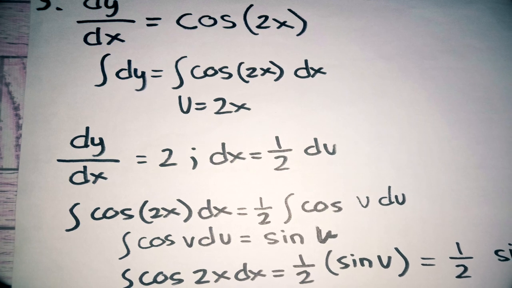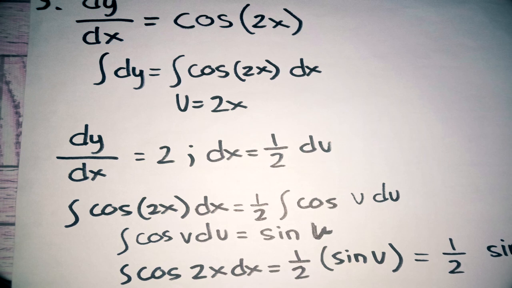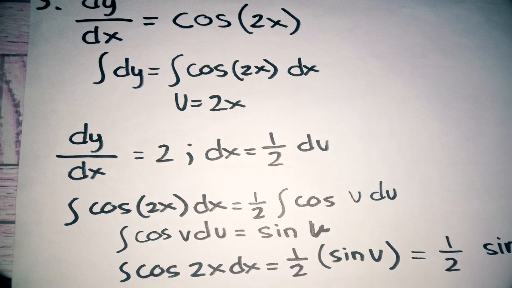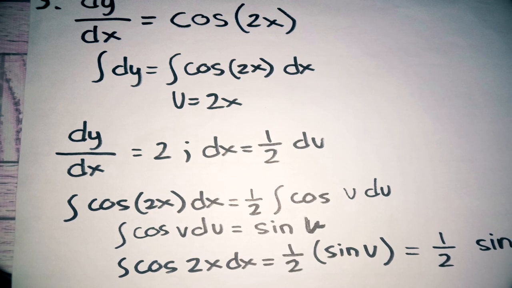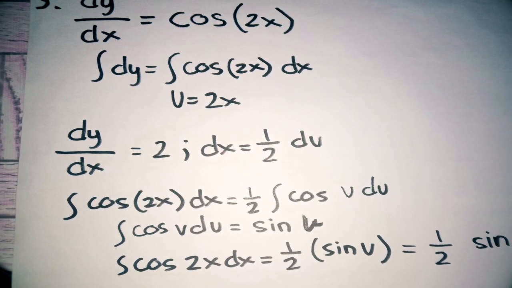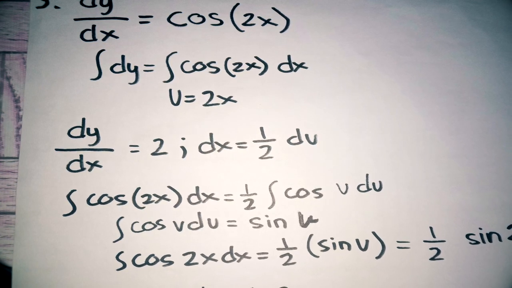The integral of cosine 2x dx is equal to 1 over 2 the integral of cosine u du. The integral of cosine u du is equal to sine u.